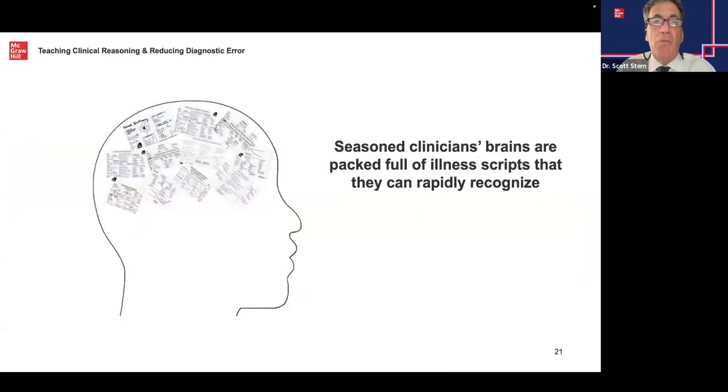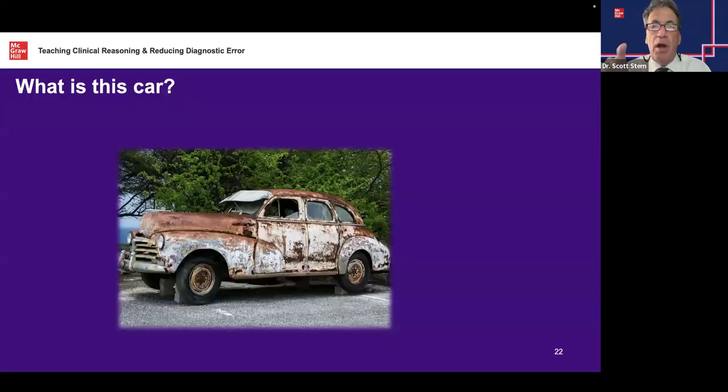When you apply this to clinical medicine, a senior attending has all these illness scripts in their head. And as soon as a patient starts to present some information, they're immediately able to organize that information and recognize the pattern, which is great. What's the problem? The problem is when you don't recognize it, it fails. So what's this car? Who knows?